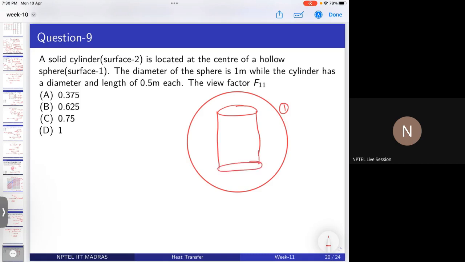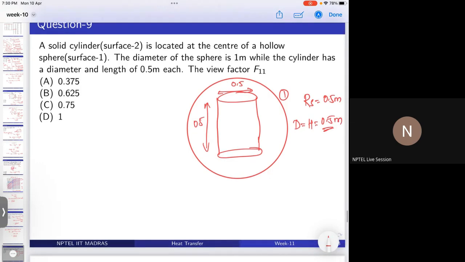The diameter of the sphere is given as 1, so the radius of the sphere is 0.5 meter. And the cylinder diameter is 0.5, and the length is also 0.5. So D is equal to H is equal to 0.5.